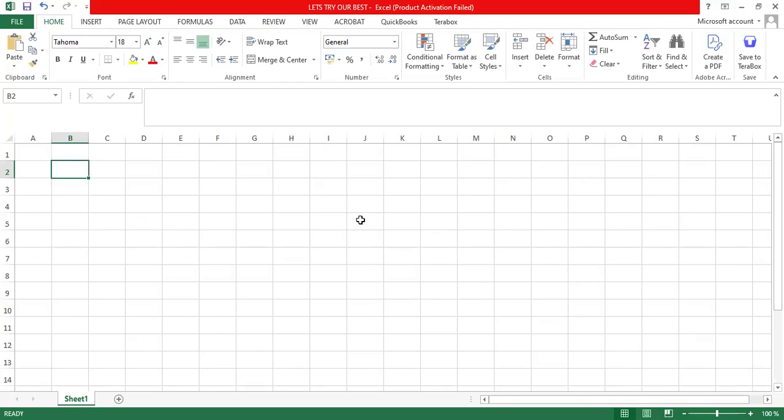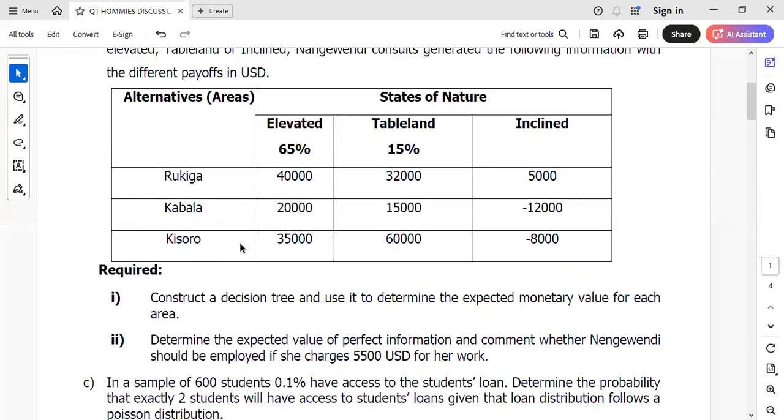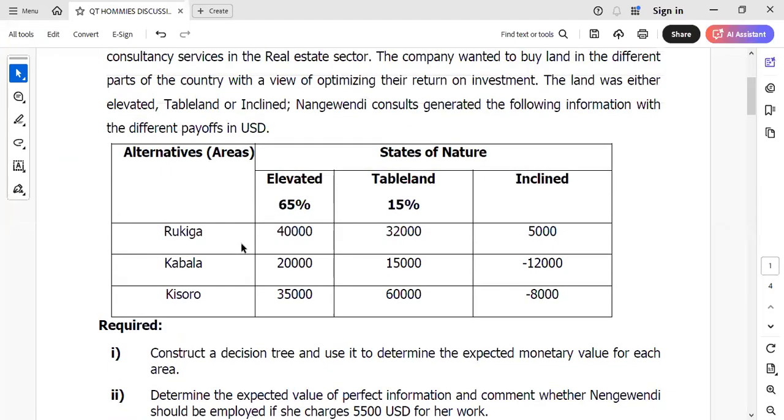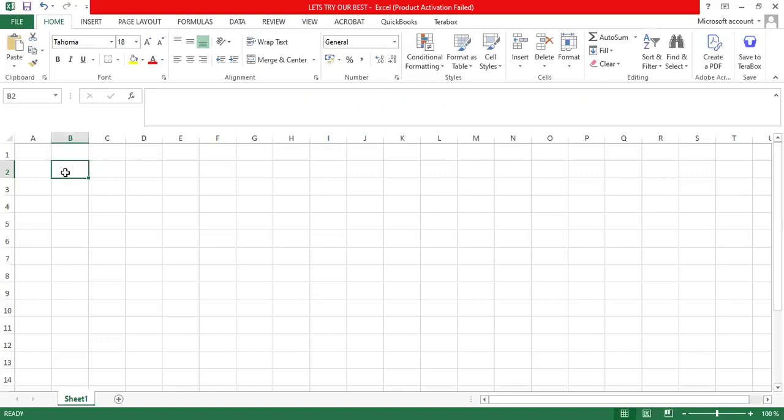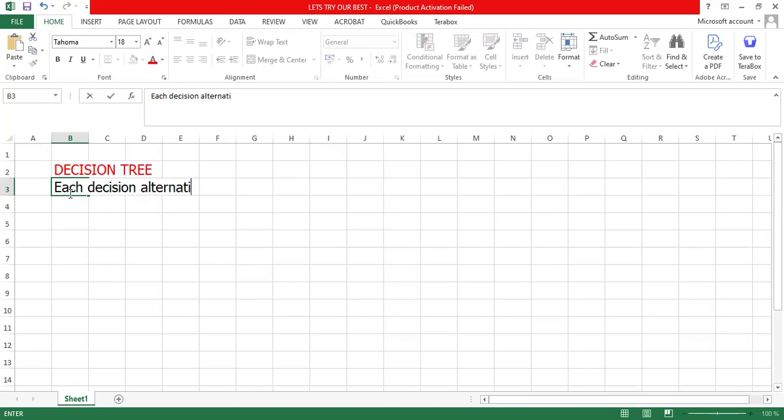Okay, so we are constructing a decision tree. Remember the rules you must follow when constructing a decision tree. Each decision alternative must start from what?